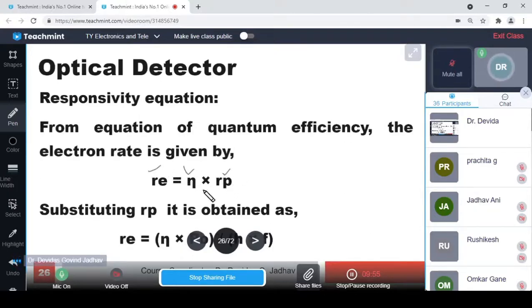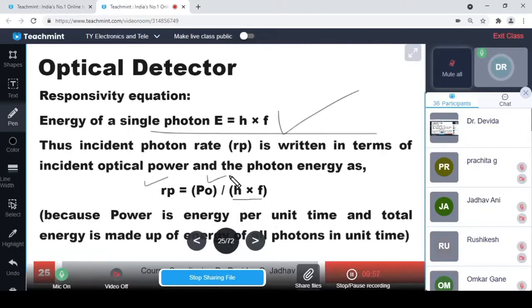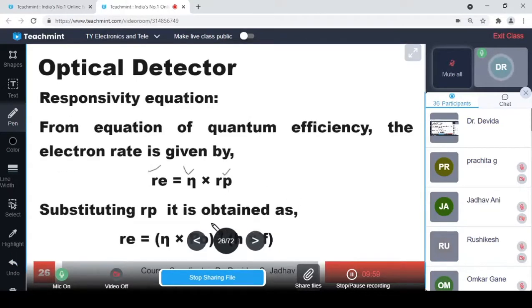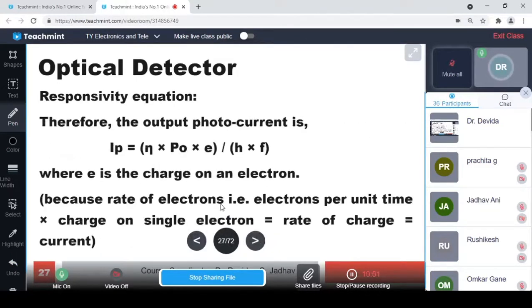We will get Re equal to eta Po upon hf, and Re is nothing but current divided by electric charge, or current is Re multiplied by electric charge. So Ip is equal to eta Po e upon hf. Because eta Po upon hf is the Re, Re multiplied by the electric charge e is Ip.